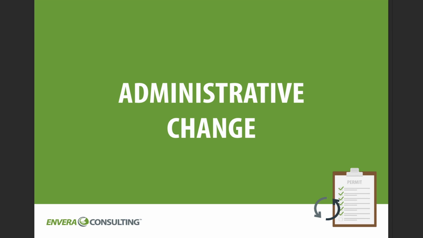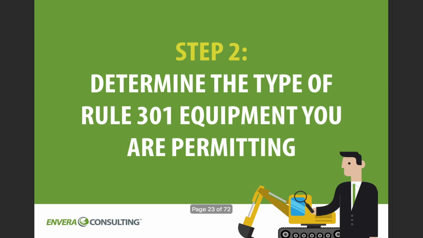Those are the 2 general ways you can determine if a permit can be classified as an administrative change or not. If it will not increase emissions and it will not require an engineering evaluation, then a permit application can be submitted via an admin change. However, if it does increase emissions or it requires an engineering evaluation, then what's most common is that you'll need to file a permit modification instead.